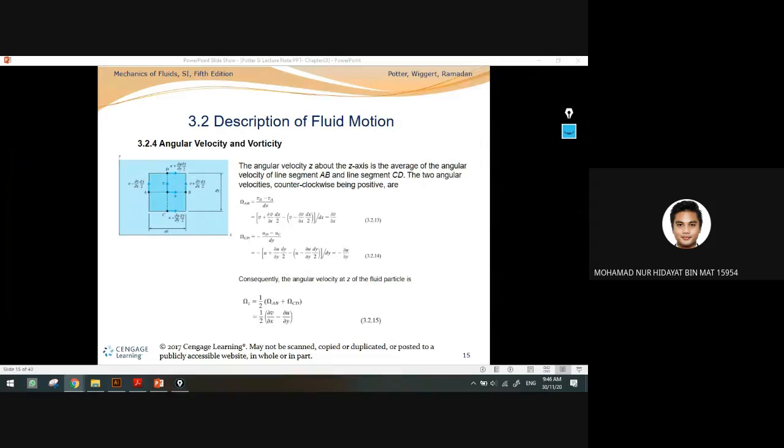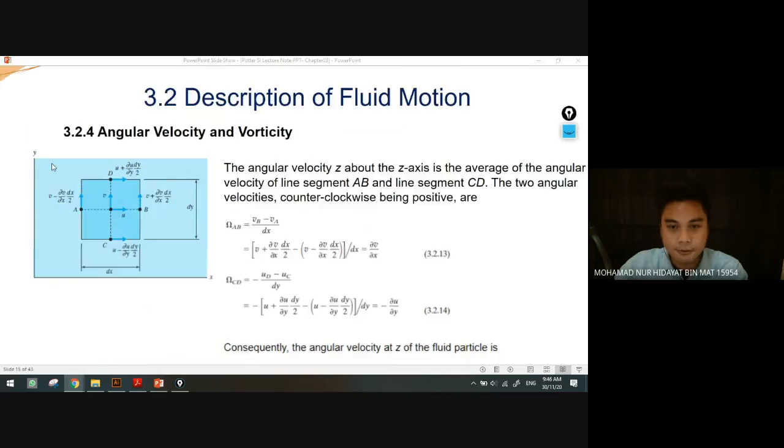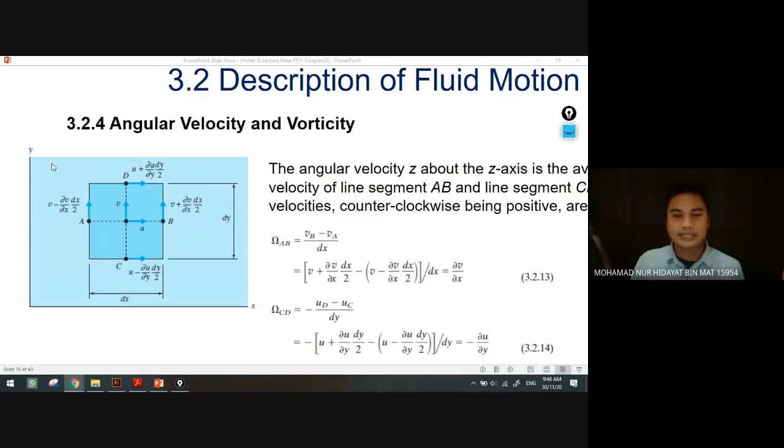Let me switch on the camera. I hope you can see the reason why it is negative or positive. I hope you can see my finger, my hand. When you look at the diagram, A to B, you use your right hand.